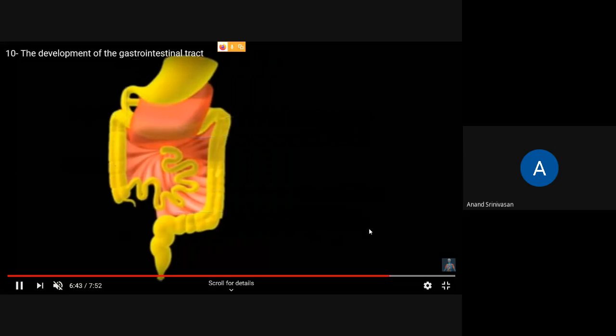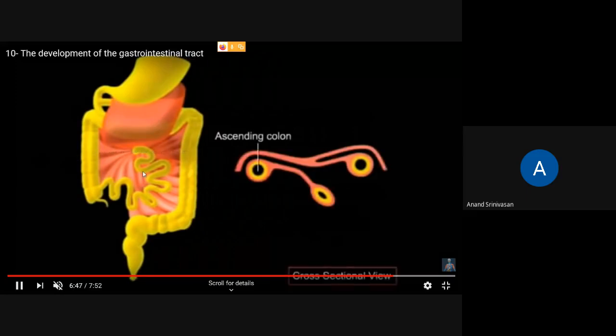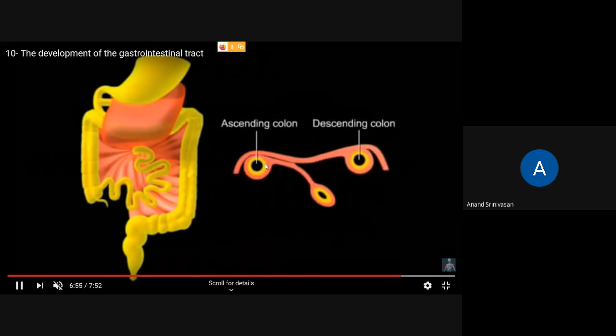All right. So now let's see how this is developed. You take a cross section at this level. Here you can see the ascending colon and the descending colon. You're taking a cross section here, so you won't be able to see the transverse colon. And these are the jejunal lobes. Initially they are separate, but later on they unite with one another.